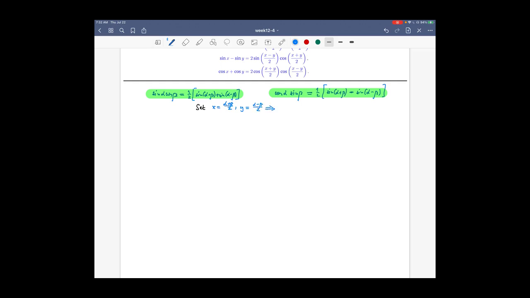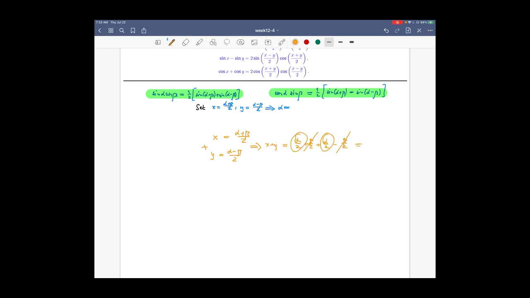From here it's easy to find alpha and beta expressed through x and y. If x is alpha plus beta over 2 and y is alpha minus beta over 2, if I add them, I get that x plus y equals alpha over 2 plus beta over 2 plus alpha over 2 minus beta over 2.